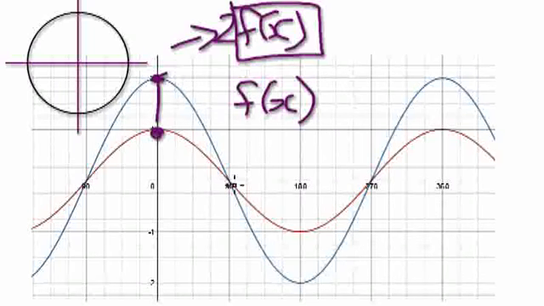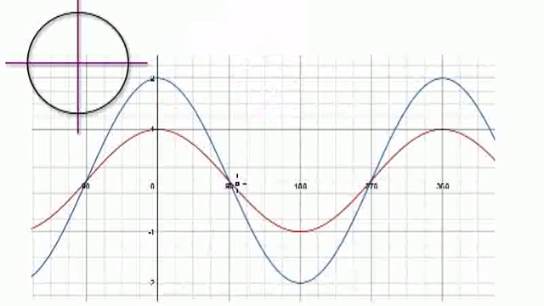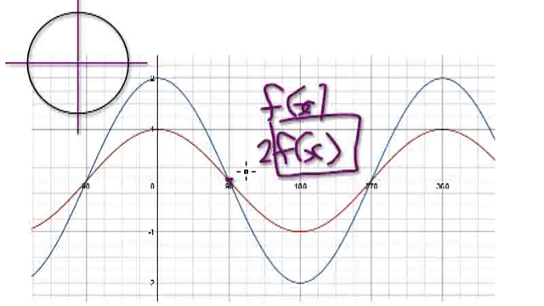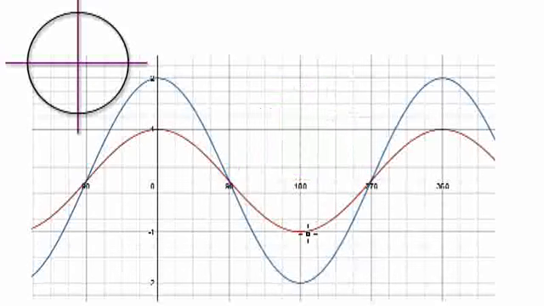So it's here now. When x is 90, f of x is 0. Looking at 2 f of x, 0 times 2 is still 0. That's why this point here stays where it is. Now, f of x here is negative 1.